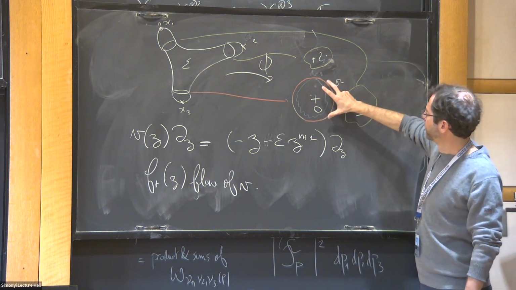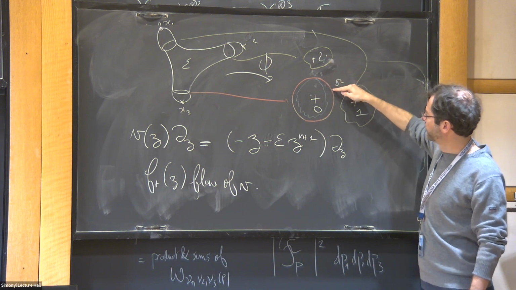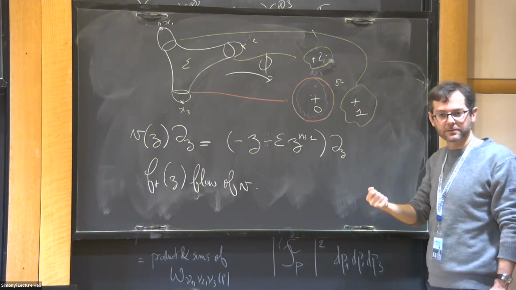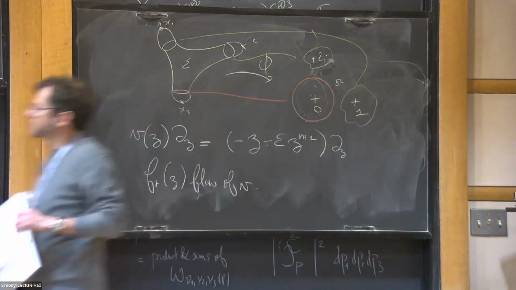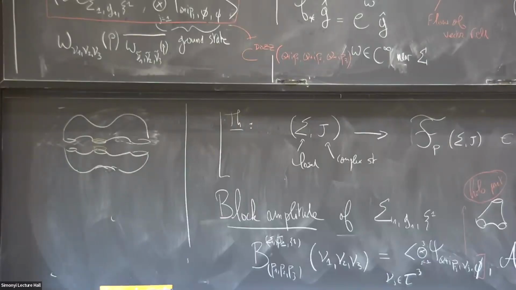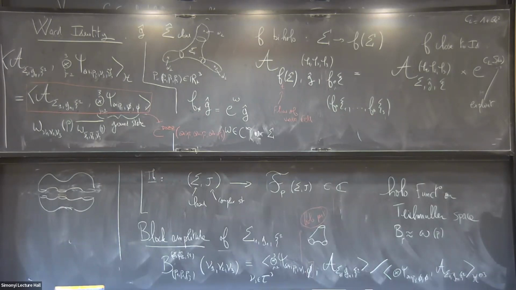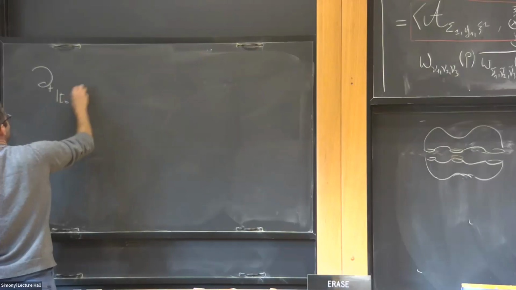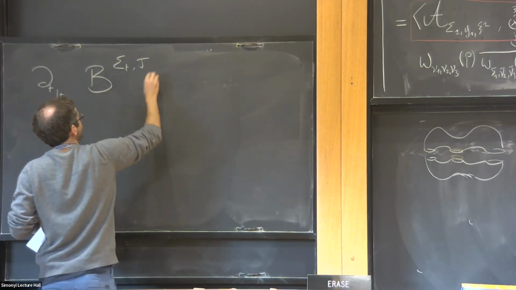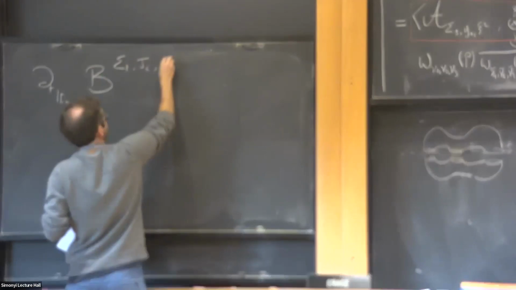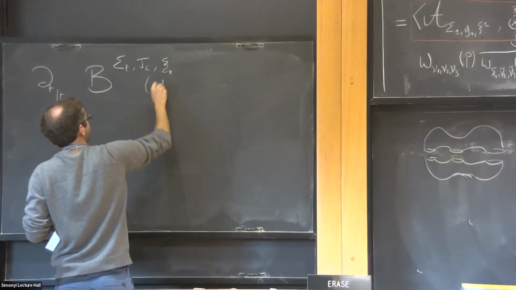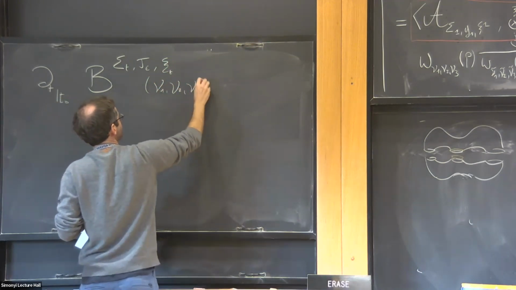If I change my point by moving just the red curve to the blue curve at time t, and I differentiate, what you can check by computation, you can check that the derivative at t equals 0 of the block amplitude of sigma_t, J is just the complex structure of C, and I put C now dependent on t, of mu1, mu2, mu3.